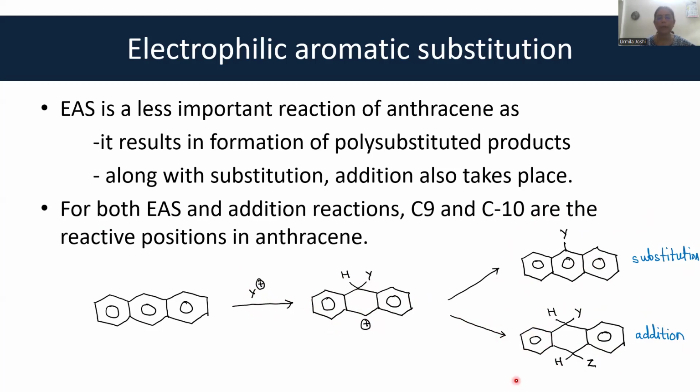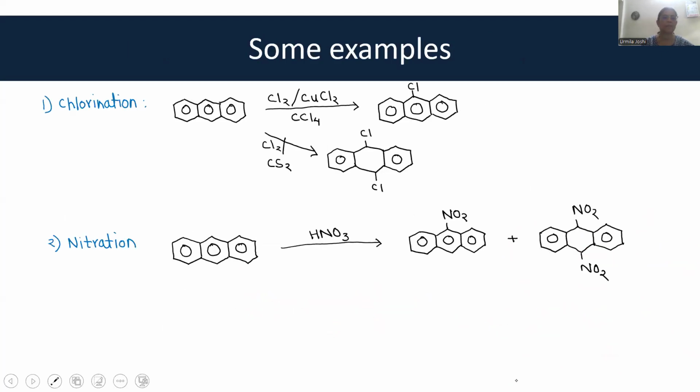So this will be more clear with the examples. First, chlorination. When you chlorinate it with chlorine and CuCl2, you get a substitution product at C9. Although this is on the central ring, still the numbering remains same because you cannot start numbering from here, then go here and so on.